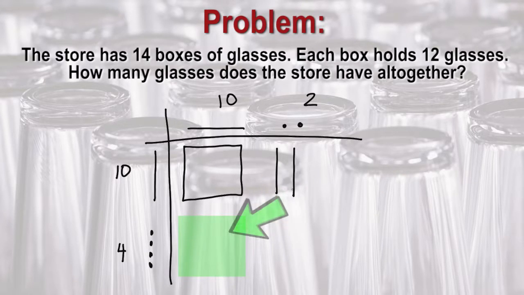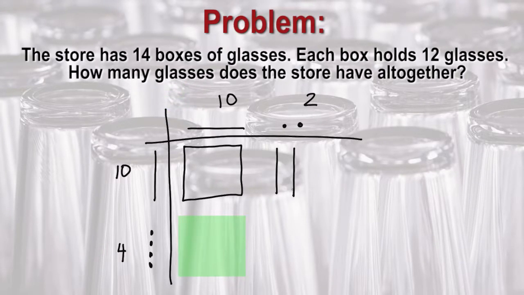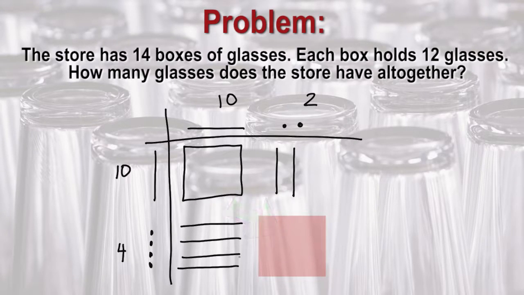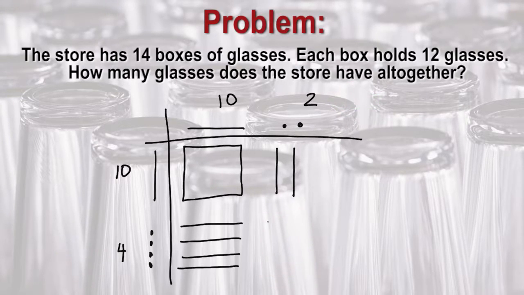In the bottom left corner, multiply 4 dots times 1 ten to represent 40. Draw 4 ten lines horizontally to equal 40. Finally, on the bottom right, 4 dots times the 2 dots on the top right for a total of 8 dots.